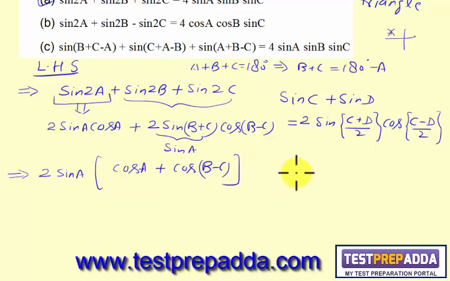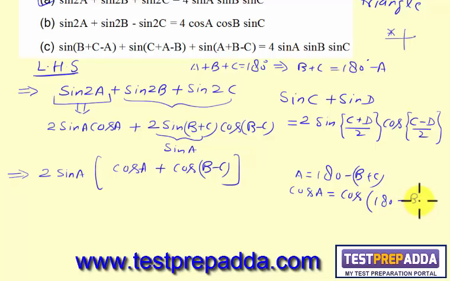So A is actually 180 degrees minus (B plus C), and if I take cos on both sides, cos A will become cos (180 minus (B plus C)). Got it? Now cos (180 minus (B plus C)) is actually minus cos (B plus C).